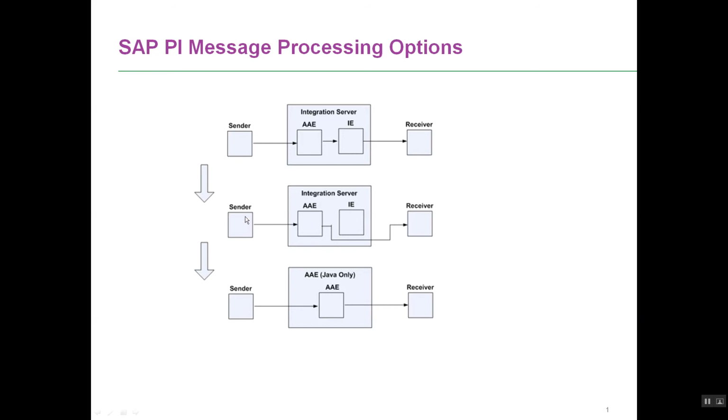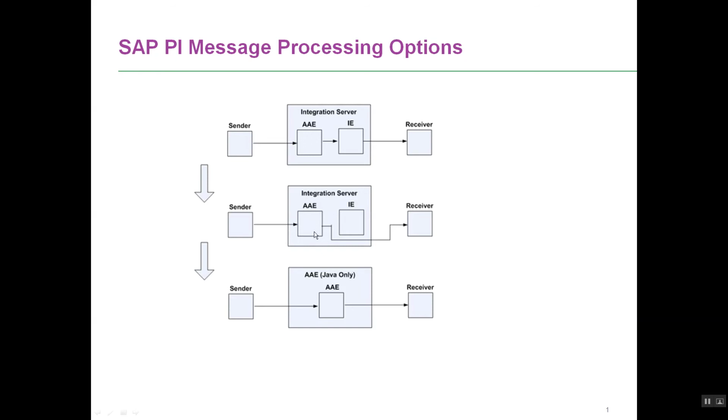The sender adapter picks up the file, but the adapter engine does all the processing and pushes it out to the receiver. The ability of the adapter engine to process the message locally within itself, without having to send the message to the integration engine as in classical processing, is what is called local message processing within PI.